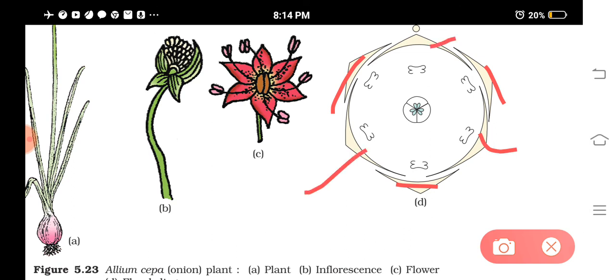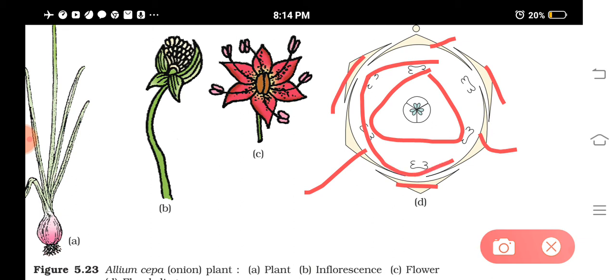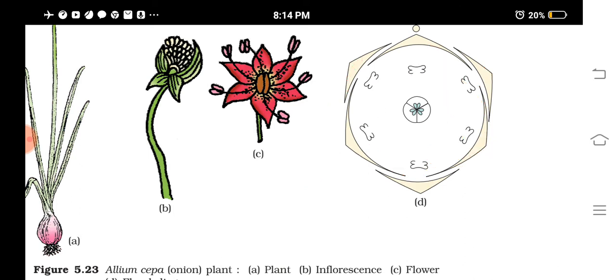And you can see the stamens, 6 in number, they are also in 2 different layers. So these 3 will be in one layer, and these in another layer. 1, 2, 3.